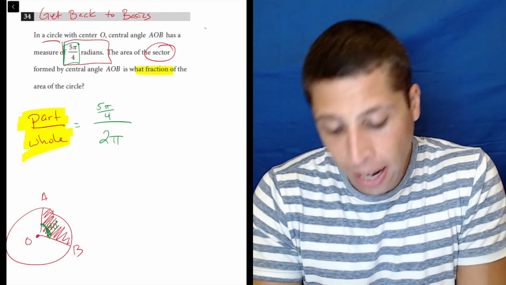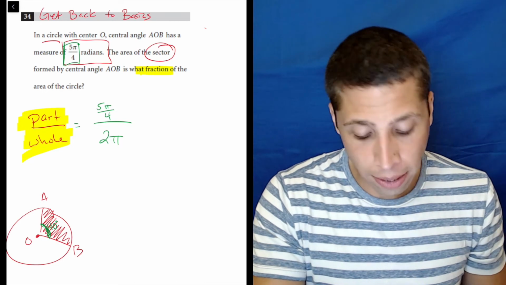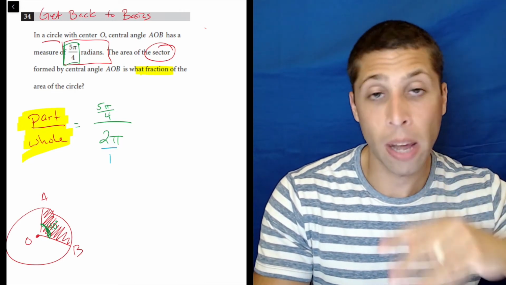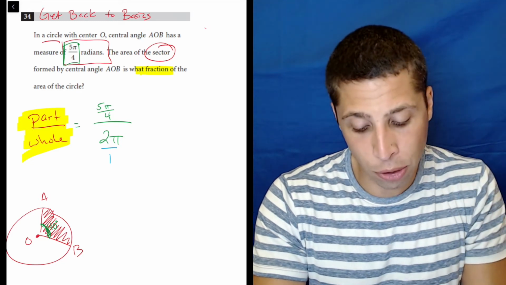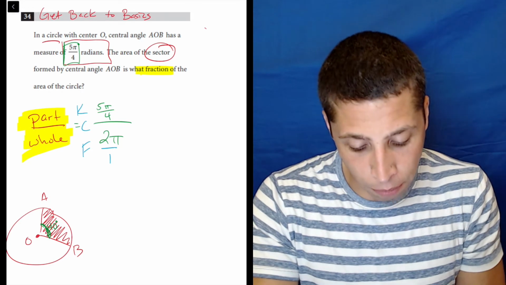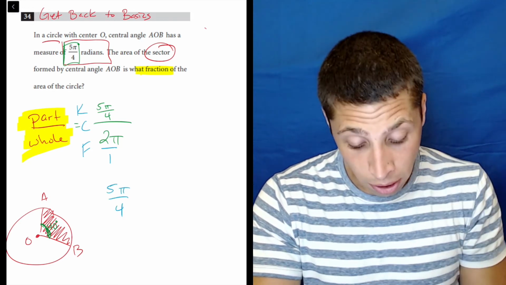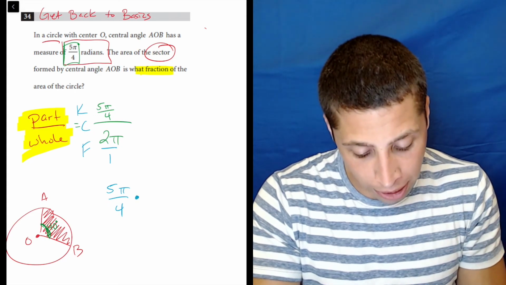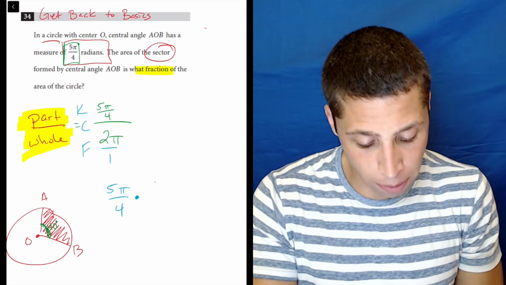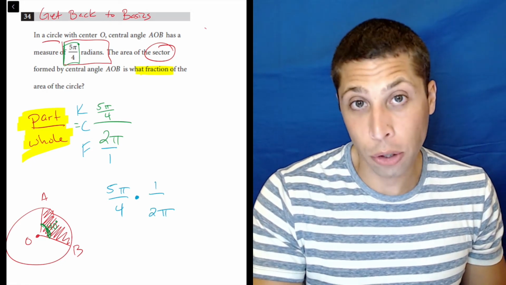So we need to know the rules for dealing with double fractions in order to do that. The way I learned it is it's better to have two fractions, so that way we have some balance. And then we do keep, change, flip. We keep the top fraction as is, so 5 pi on 4. We change division to multiplication. And we flip the bottom fraction upside down. So keep, change, flip. Now that becomes 5 pi on 4 times 1 over 2 pi.